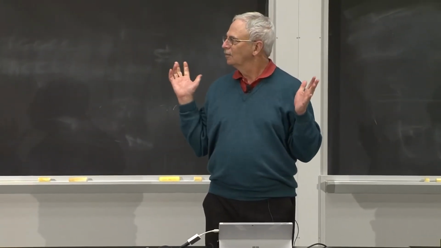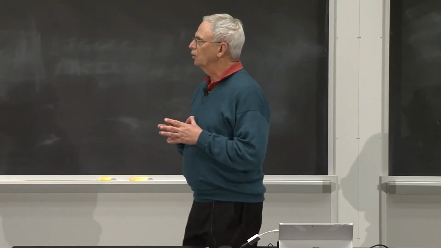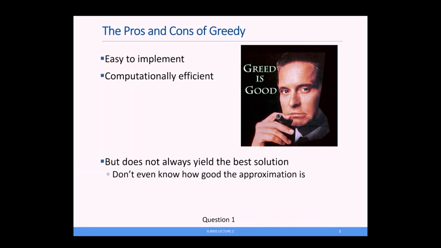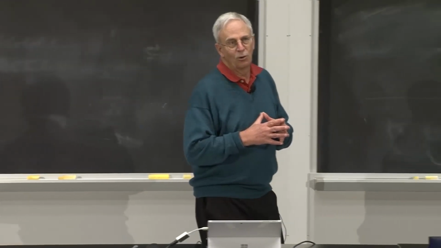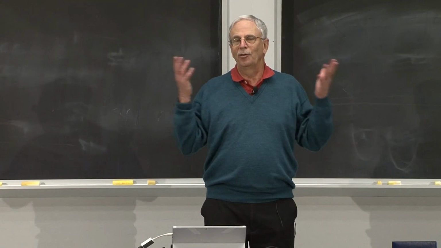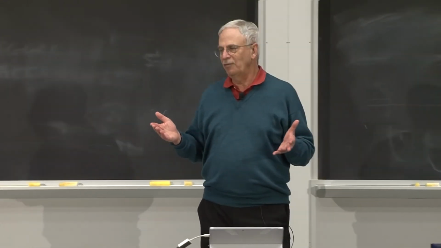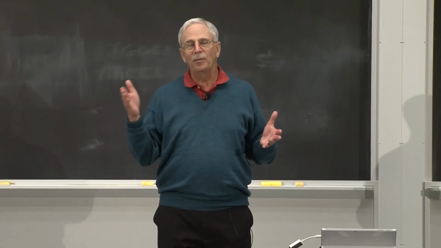All right, so what are the pros and cons of greedy? The pro, and it's a big pro, is that it's really easy to implement, as you could see. Also enormously important, it's really fast. We looked at the complexity last time. It was n log n, quite quick. The downside, and this can be either a big problem or not a big problem, is that it doesn't actually solve the problem, in the sense that we've asked ourselves to optimize something, and we get a solution that may or may not be optimal.